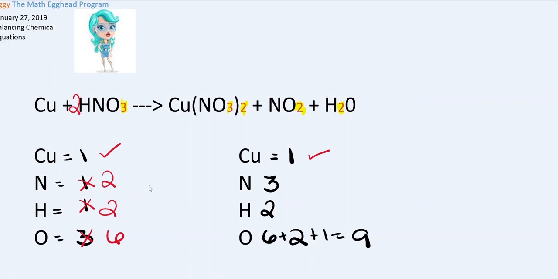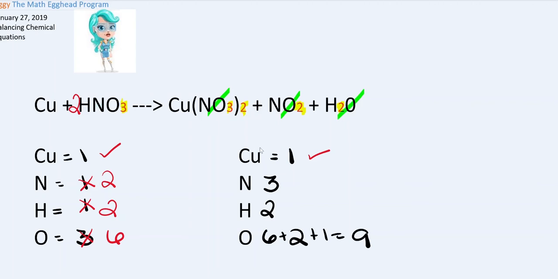But now I have to compare my product to my reactant side again. So I can see that copper balances out, and I see that hydrogen balances out, but my nitrogen and my oxygen are not balancing out. Now, going forward, I have to see what is easier to deal with. Should I try to balance nitrogen or should I try to balance oxygen? Whether you divide 3 into 2 or 9 into 6, you do get 1.5.